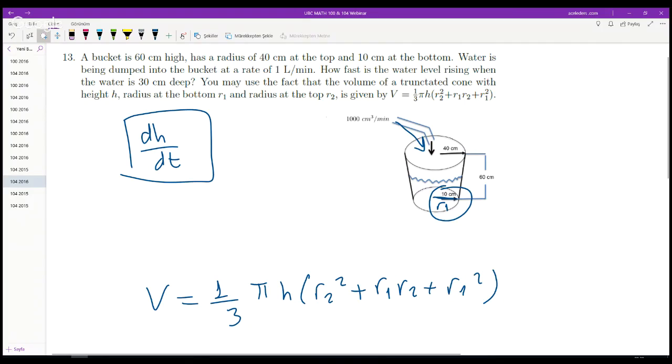Do you understand? R2 is changing. So this is the first step to solve this question. The second step is deriving an equation for R2.